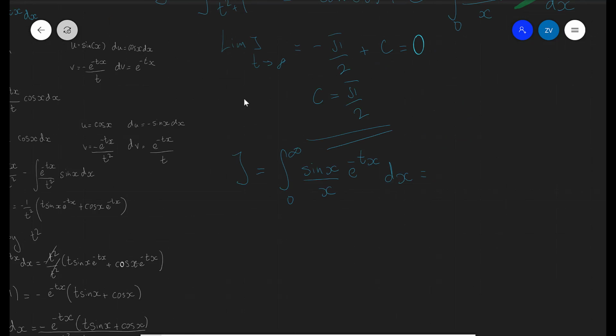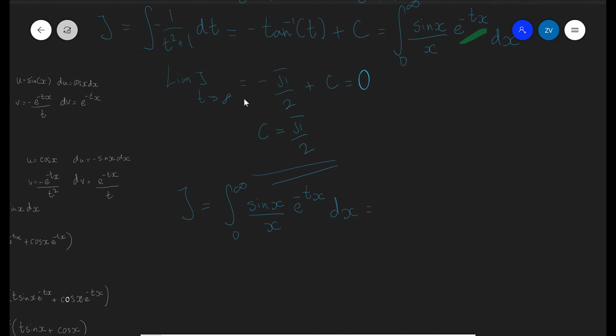We now have an expression that we have derived. We know that this is equal to minus inverse tan of t plus a constant c, which is of course equal to pi over 2.